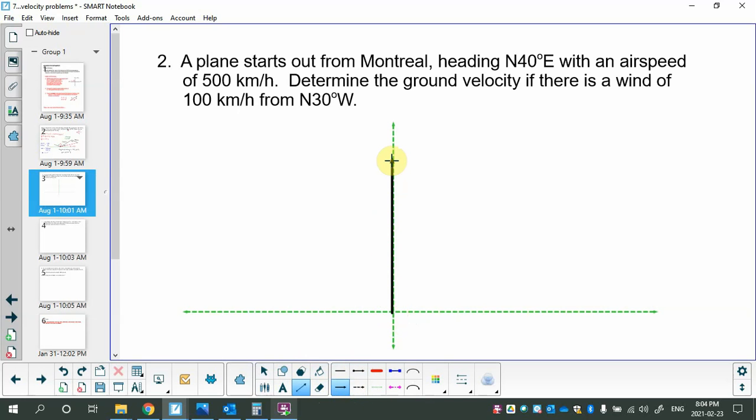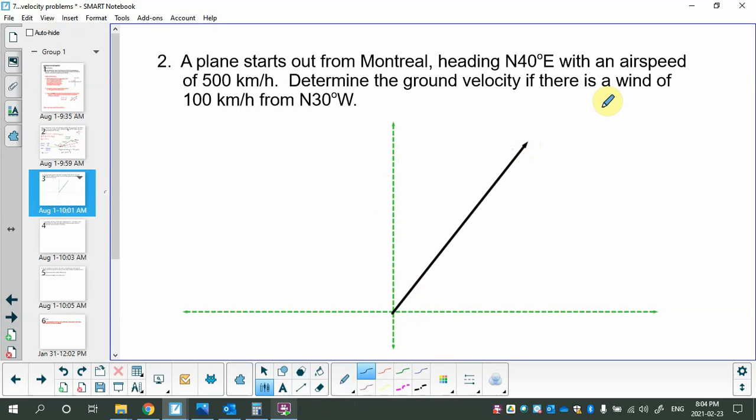So there's north, 40 degrees east, with an airspeed of 500 kilometers an hour. Keep that off to the side. And this is 40 degrees. It also means that you could scribble 50 in here, but usually airspeed plus wind speed equals ground speed, so I don't want to really write in that area. I will put this here eventually on one side or the other.